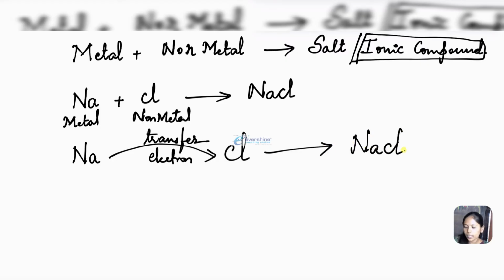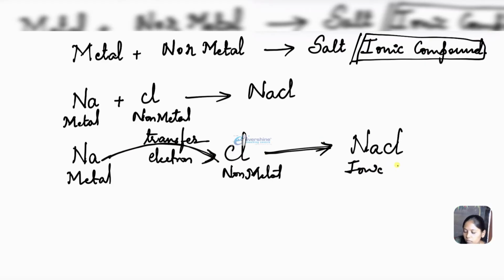That is why it is called an ionic compound. Ionic compound is formed by transfer of electrons from metals to non-metals. So the electrons are transferred from sodium metal to the non-metal chlorine and form an ionic compound.